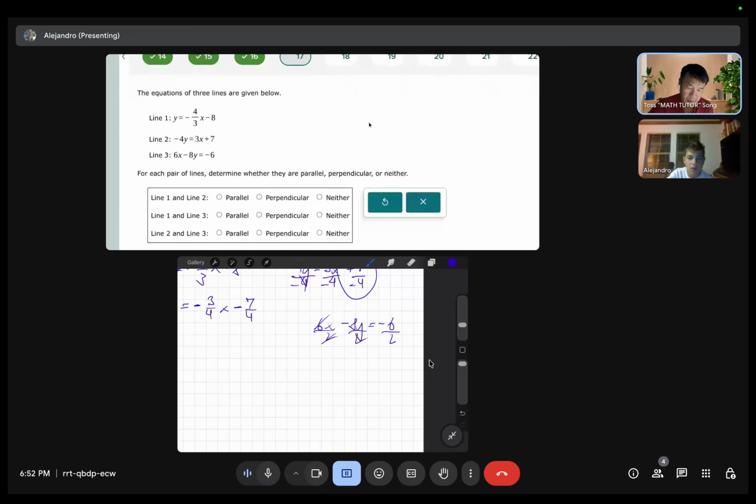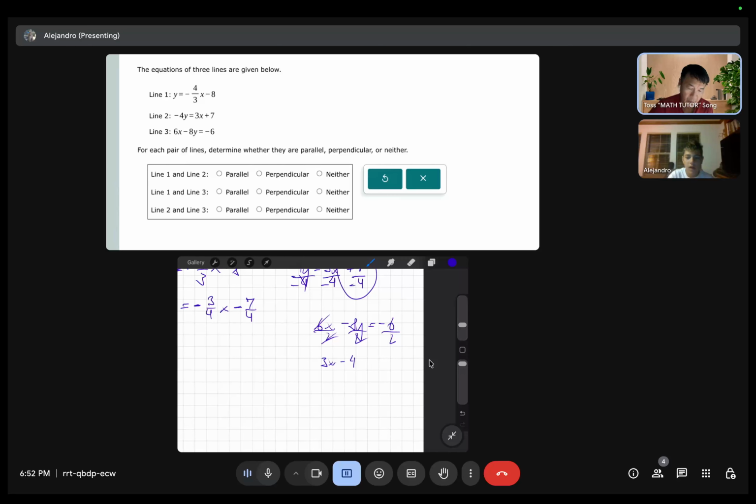So anyway, if I do this, I'll get 3x minus 4y equals -3. Why did I do this? Because it becomes smaller. The original becomes smaller to deal with. Then I subtract both sides by 3x. Then I'm left with -4y equals -3x minus 3. Are you okay with this so far? Then I'll get my y by itself, dividing everything by -4.